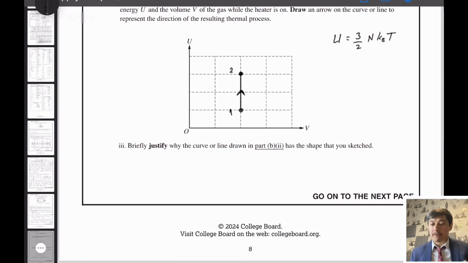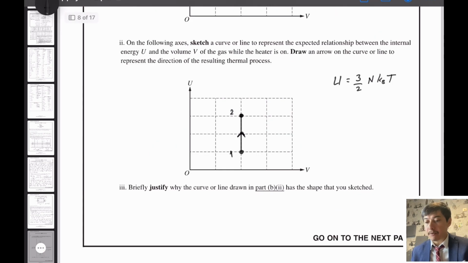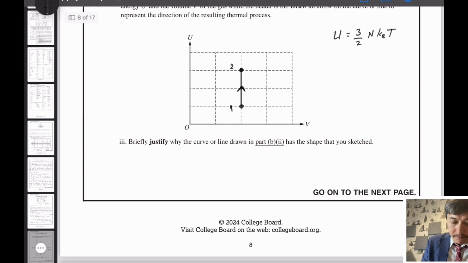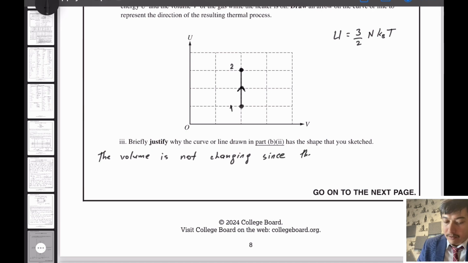Last, briefly justify why the curve or line drawn in part B second has the shape that you sketched. Now in part B second we have a straight line which is going up. So what can we say about this? Let's start with the volume. The volume is not changing since the container is rigid.